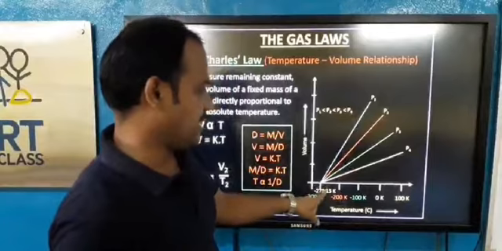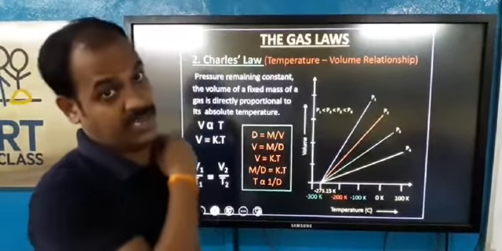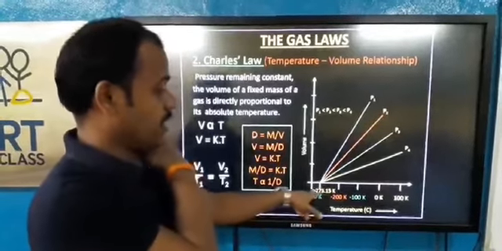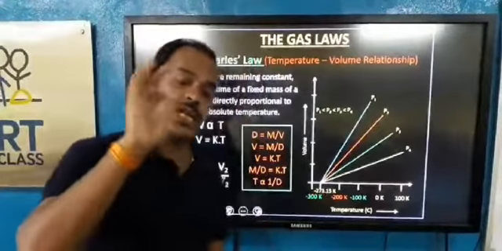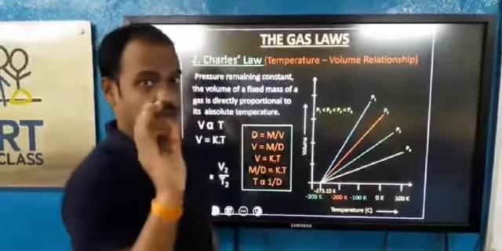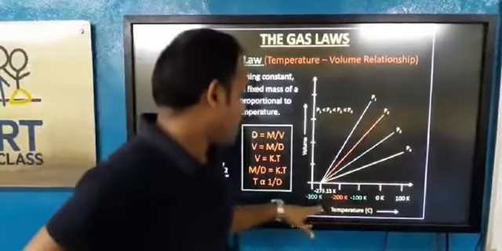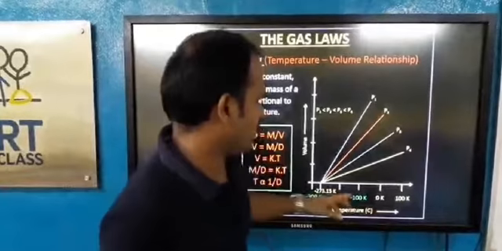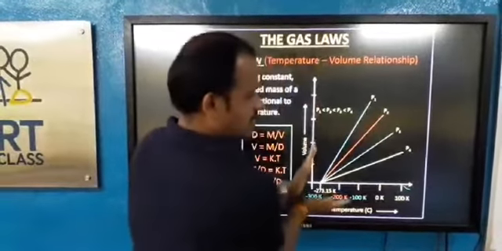See, temperature can't be less than minus 273.15 K. Okay, remember, temperature cannot be less than minus 273.15 K. This temperature is known as absolute temperature. Remember, this one is absolute temperature. So here, as we are increasing temperature, volume is increasing.